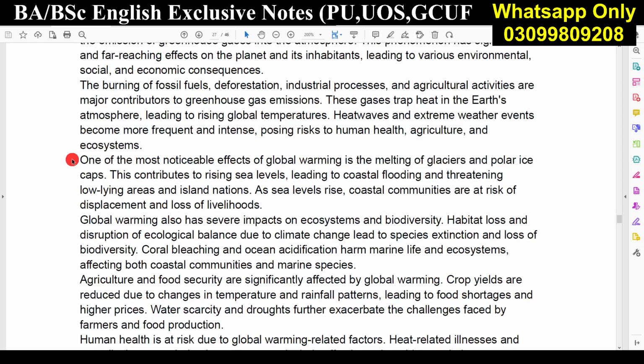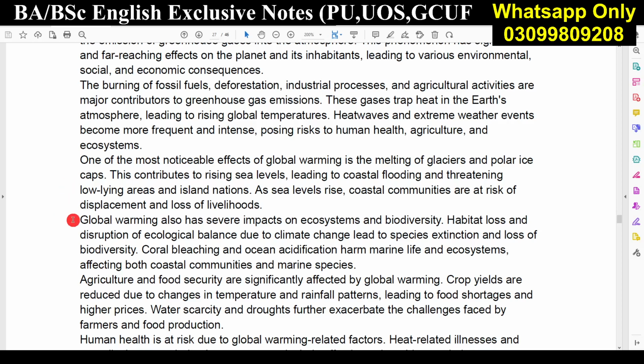One of the most noticeable effects of global warming is the melting of glaciers and polar ice caps. This contributes to rising sea levels, leading to coastal flooding and threatening low-lying areas and island nations. As sea levels rise, coastal communities are at risk of displacement and loss of livelihoods.